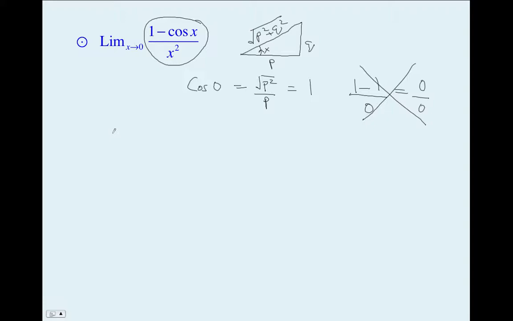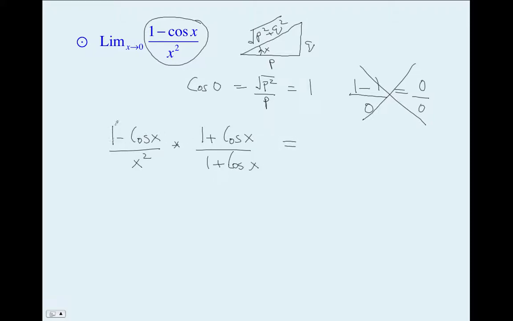I'm going to take a shortcut, and I'm going to write (1 minus cosine x) divided by x squared as this multiplied by 1, but I'm going to write 1 as (1 plus cosine of x) divided by (1 plus cosine of x). No harm in multiplying by 1, as you will surely agree with me.